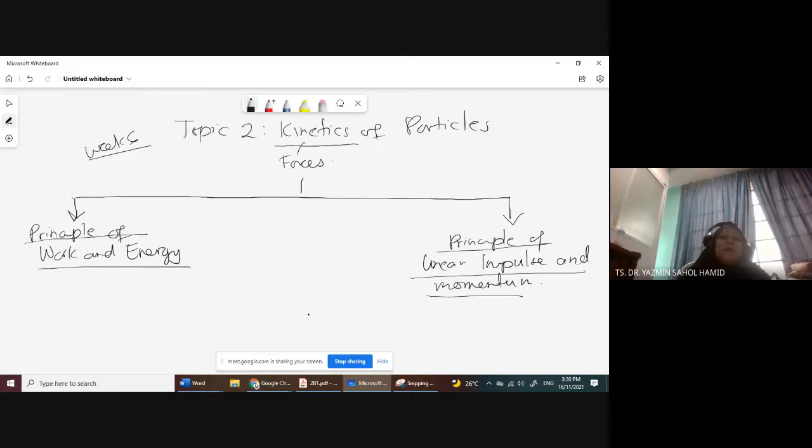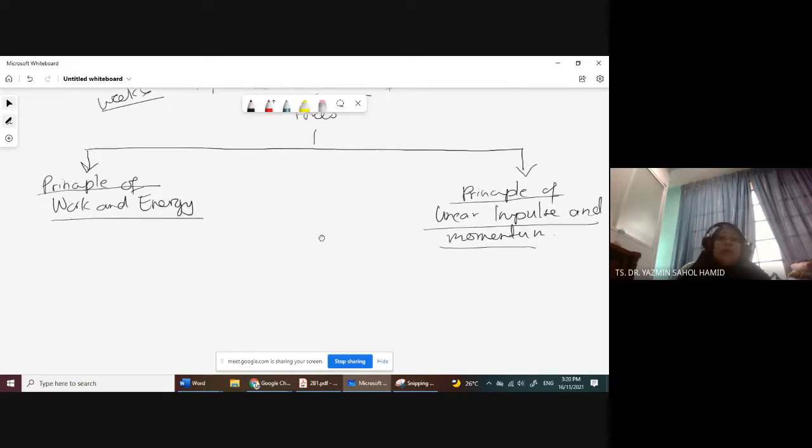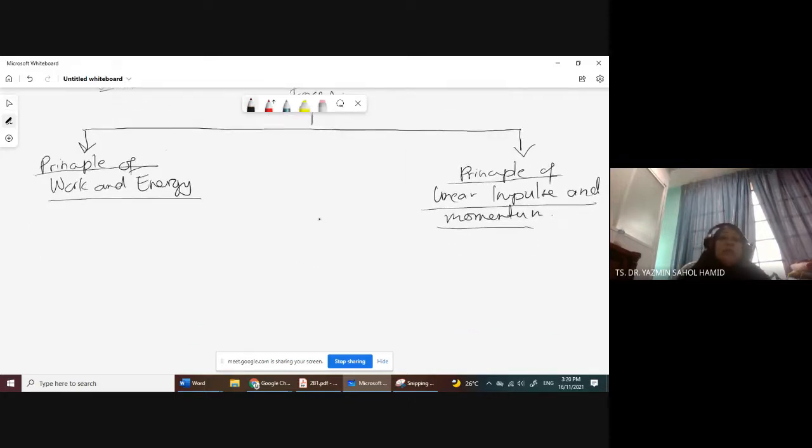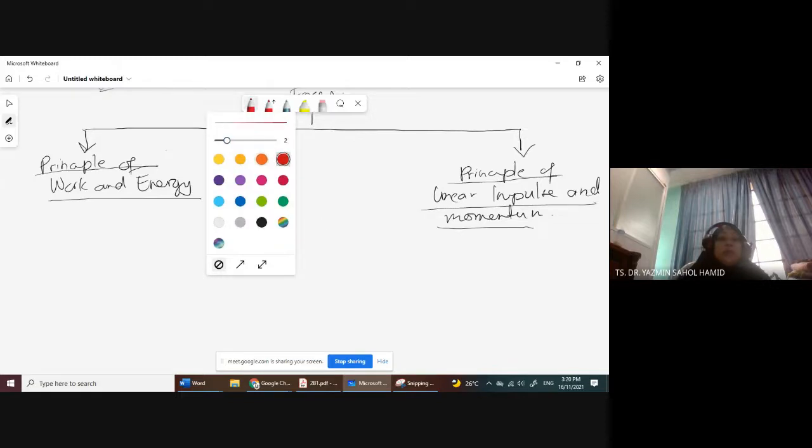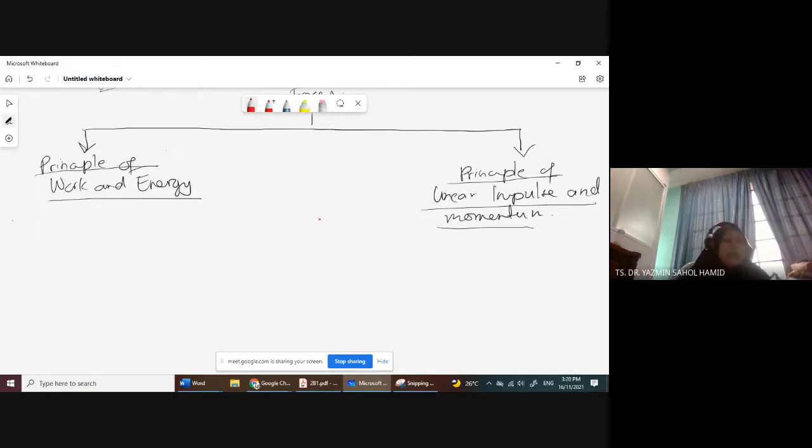What I want to highlight is the major difference between these two principles. If you are dealing with the principle of work and energy, the main outcome you want to solve is problems related to force, velocity, and displacement.